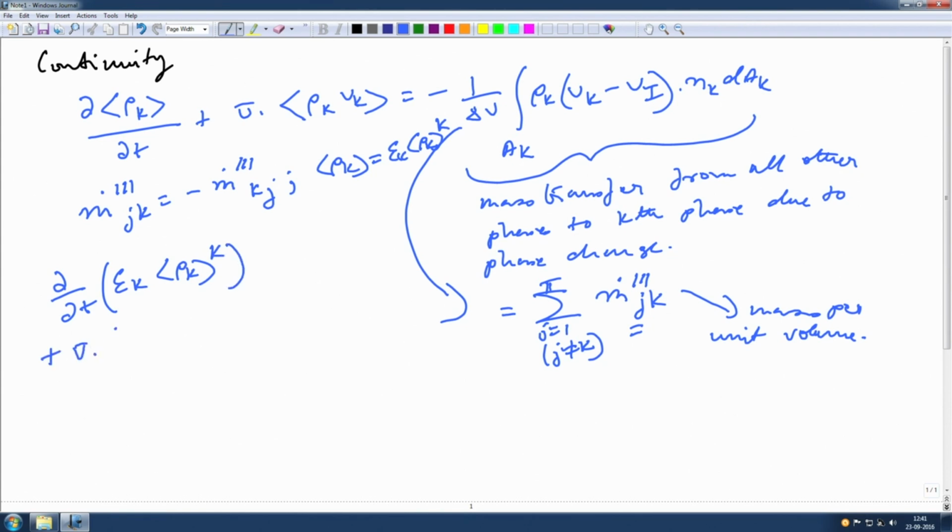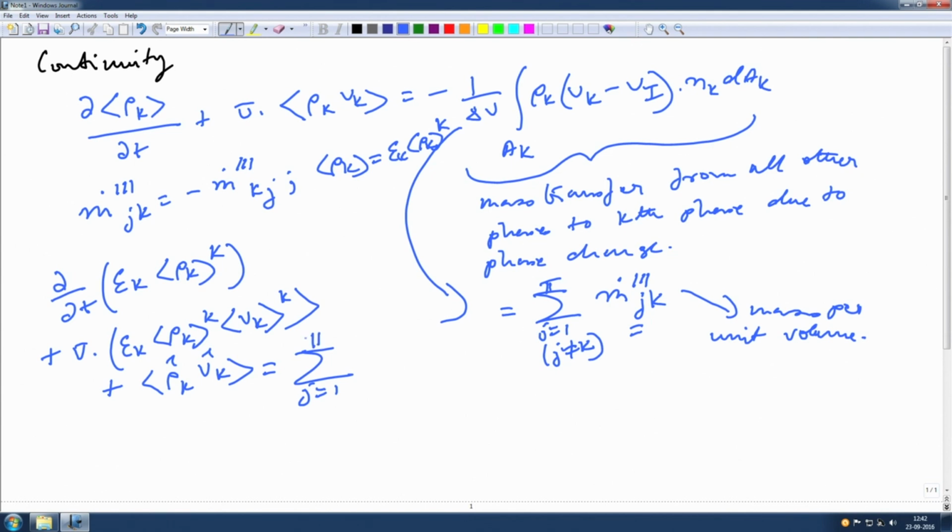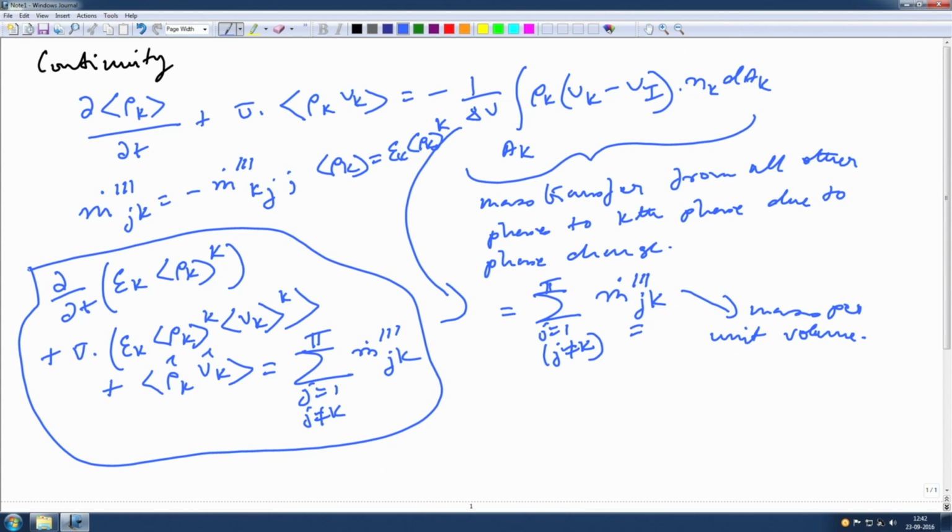plus epsilon k rho k k into v k k plus, that is the expression that you get.